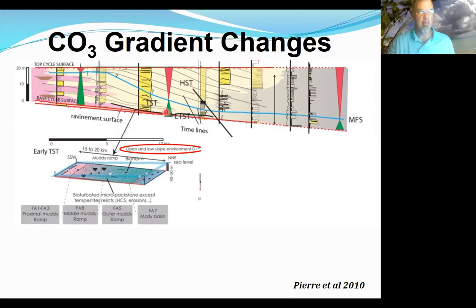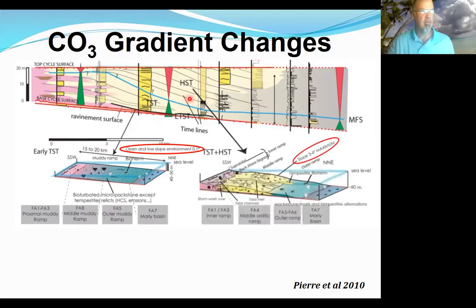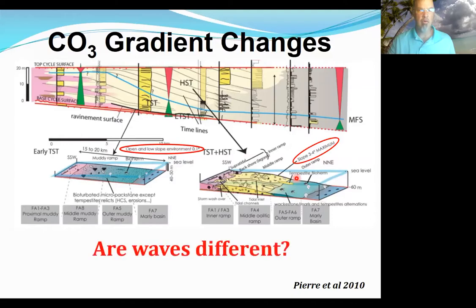And then in the upper part with the steeper gradients up to 3 and 4 degrees, what do you think these deposits are like? Lo and behold, high energy oolitic ramps, all kinds of tempestites, so storm deposits. Now, does this prove that waves are not different? Well, no, of course not, but it'd be an assumption to say that they are. Gradient could be just as important as a control.